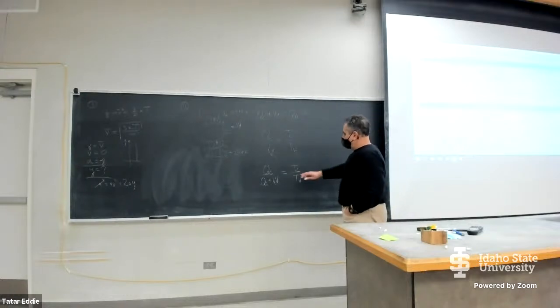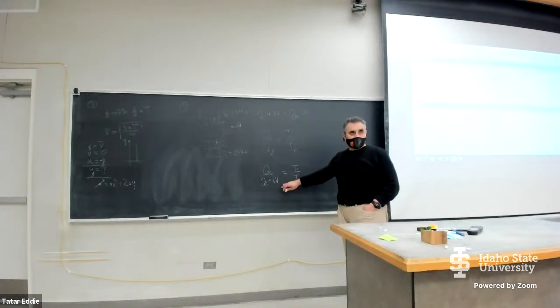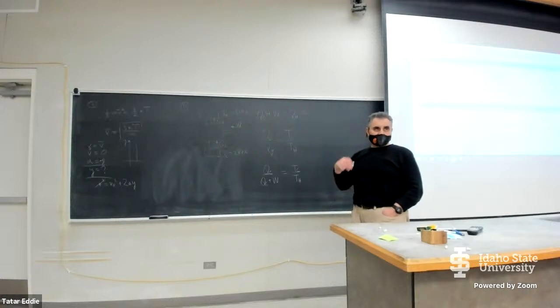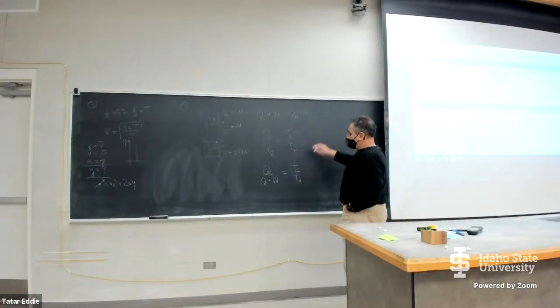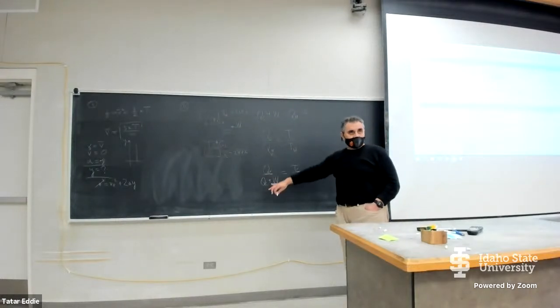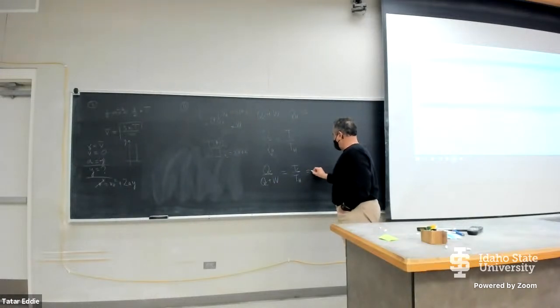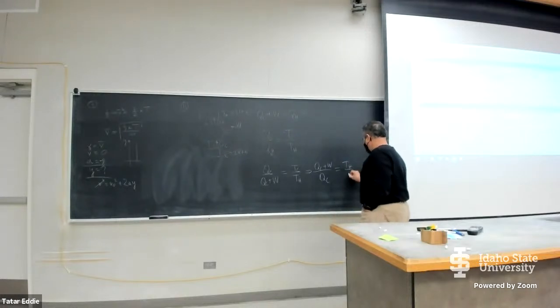Okay, let's do it this way. Take this expression and take its inverse. In other words, raise both sides to power -1, which is going to make numerator denominator and vice versa. So this is going to be the same thing as QC plus work divided by QC is equal to TH divided by TC.